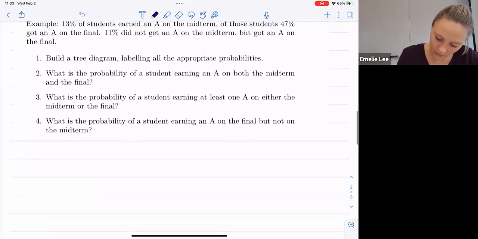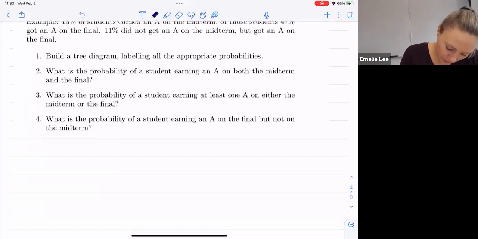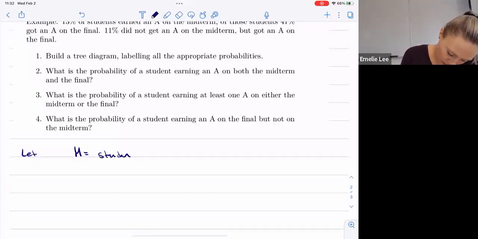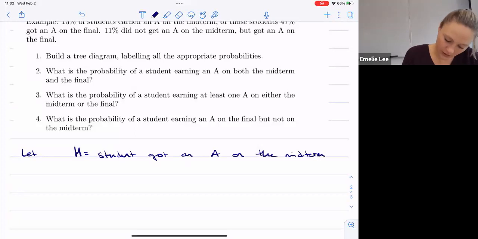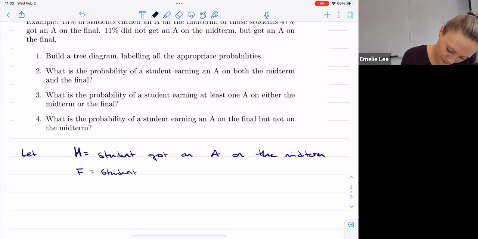But what I'm going to do first is say let M mean that the student got an A on the midterm, and let F be the student got an A on the final.